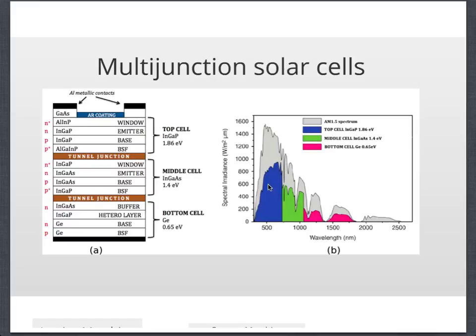The blue spectrum is absorbed by the indium gallium phosphide cell, and since the photon energies over this range are less than the band gap of the top cell, they simply pass to the next cell, and then the indium gallium arsenide cell will absorb this green portion, and the last, the germanium cell, will absorb the rest of the spectrum.